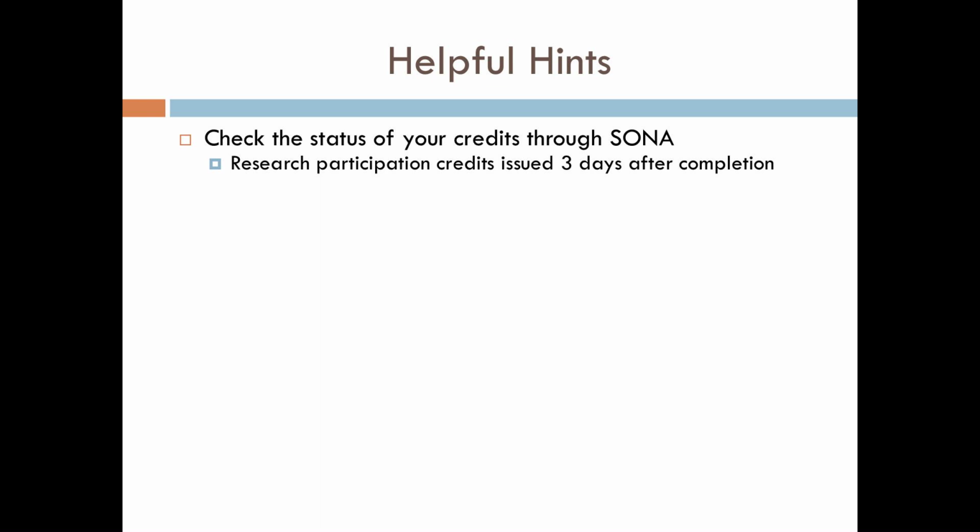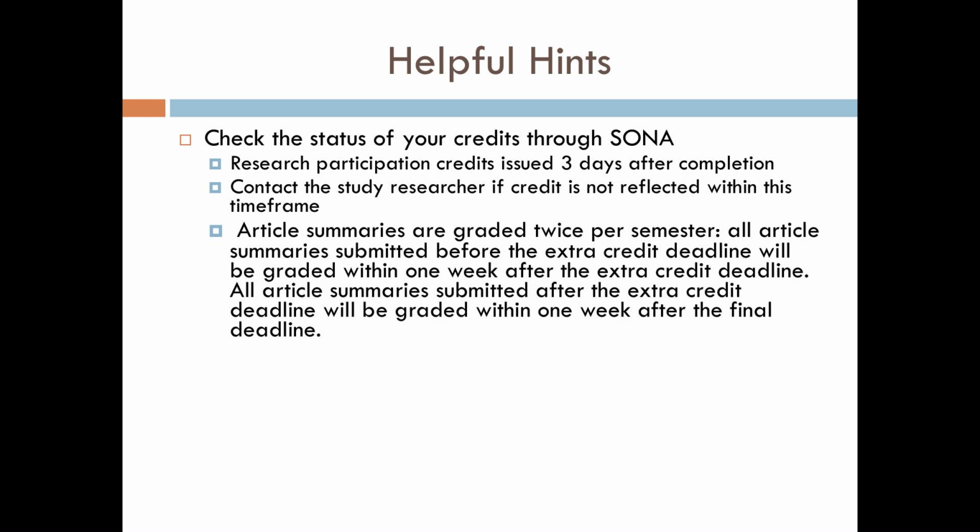Okay, so you'll want to check in through SONA to see your current credit. It's through SONA that you see credit for research participation and for your article summaries. If you're participating in research, you can expect to see your credit within 3 days. If you haven't received credit, you can contact the researcher of the study that you participated in regarding that credit.